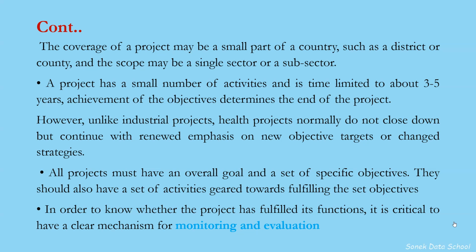A project normally has a small number of activities and is time limited. Most of the time, projects take between 3 to 5 years. The achievement of the objectives will determine the end of the project. So, once the objectives have been achieved, the end of the project is also reached.